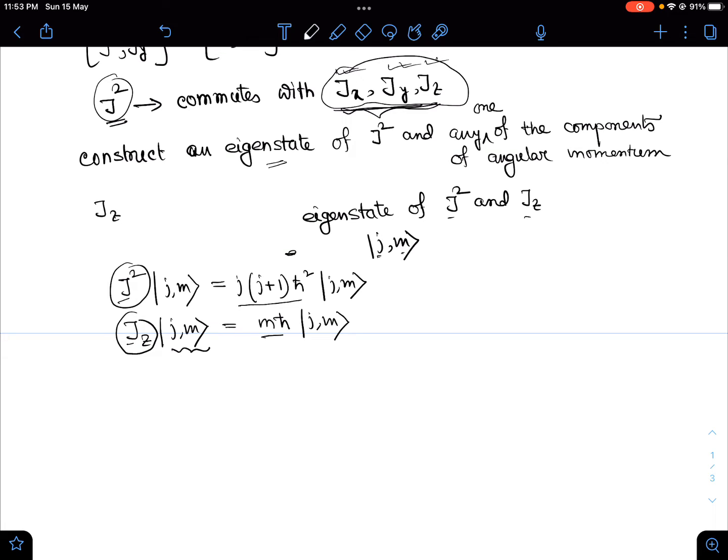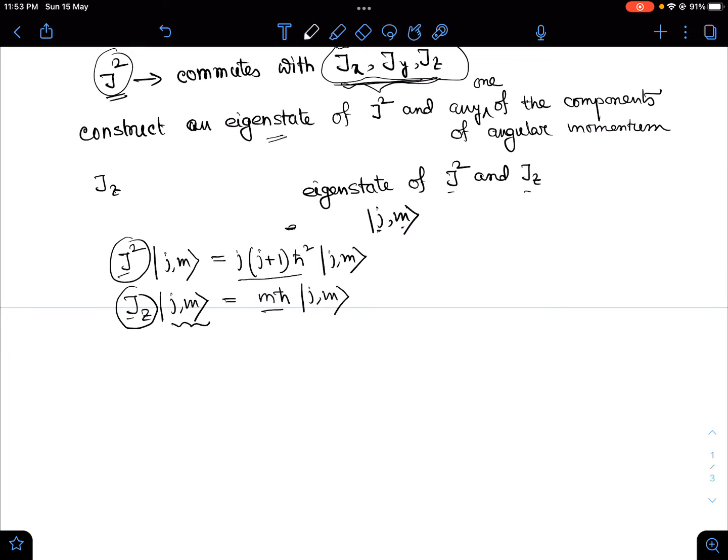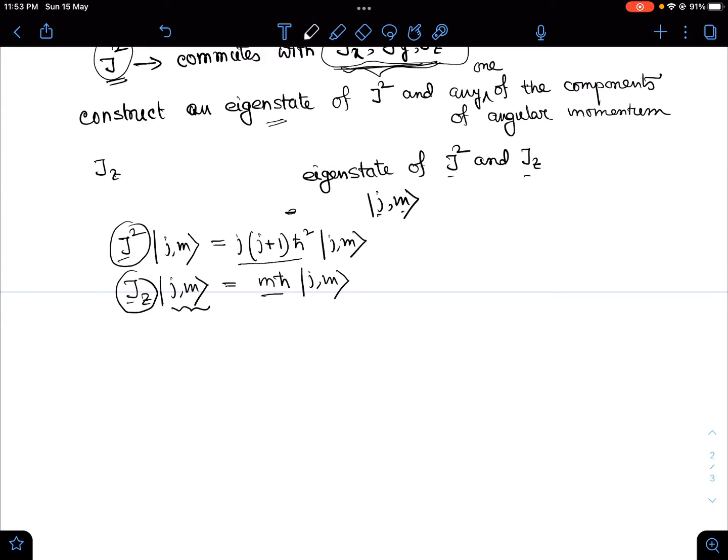So what are the values of j and m? Basically we have j to be 0, 1/2, 1, 3/2. So these are the values of j. That means j is an integer or half integer. And we have the m value to be from minus j to j.